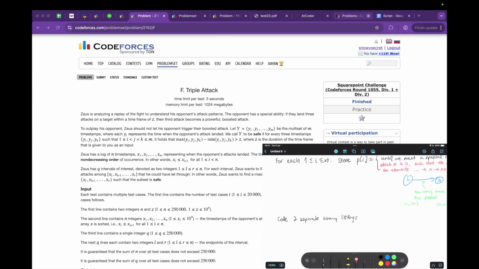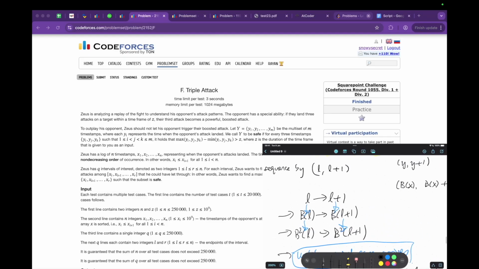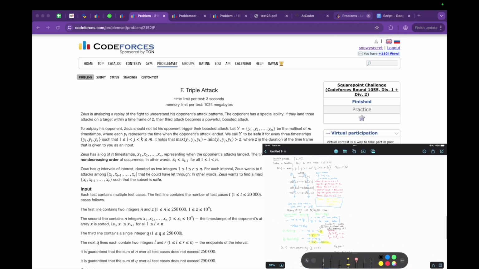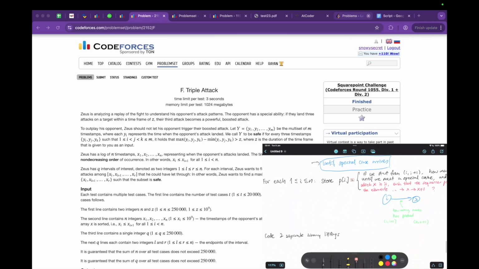So the first one is for this basic function composition. So we will just assume that there is no special case. And if there's no special case, we can obviously solve the problem in O of log n time, right? So the second binary lifting would be to deal with the special cases themselves.